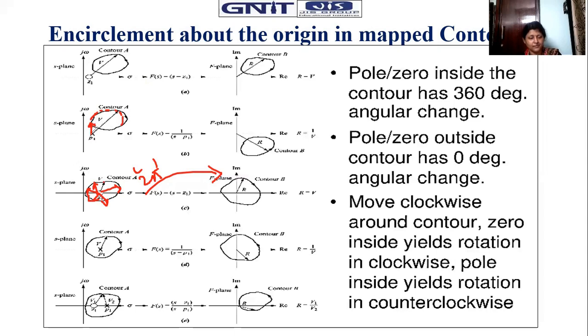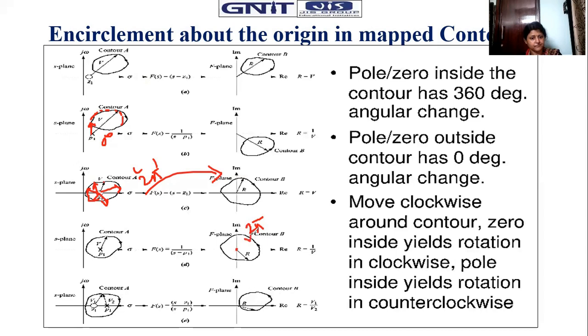So there is a zero degree formation around the origin. That means it is not including the origin, so there will be no encirclement about the origin. That is our understanding, right?